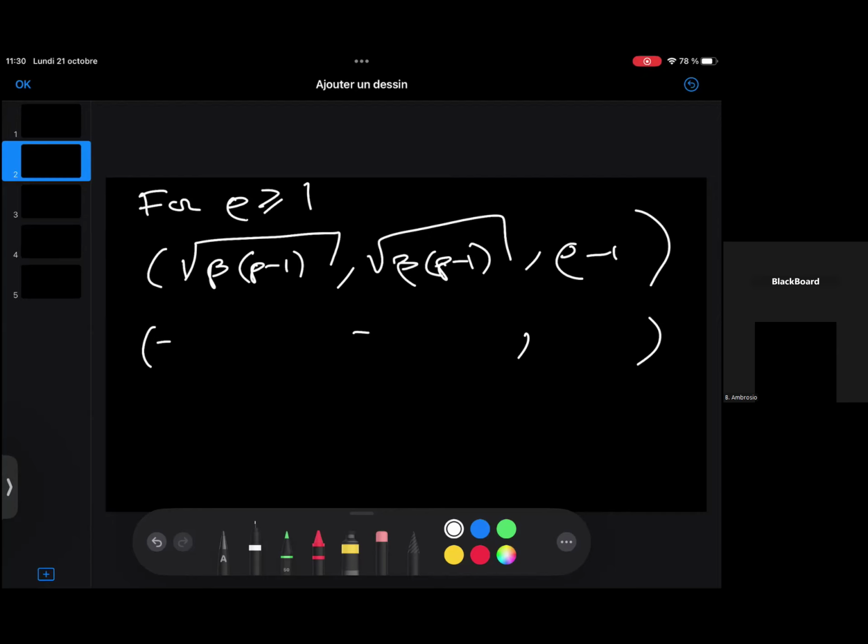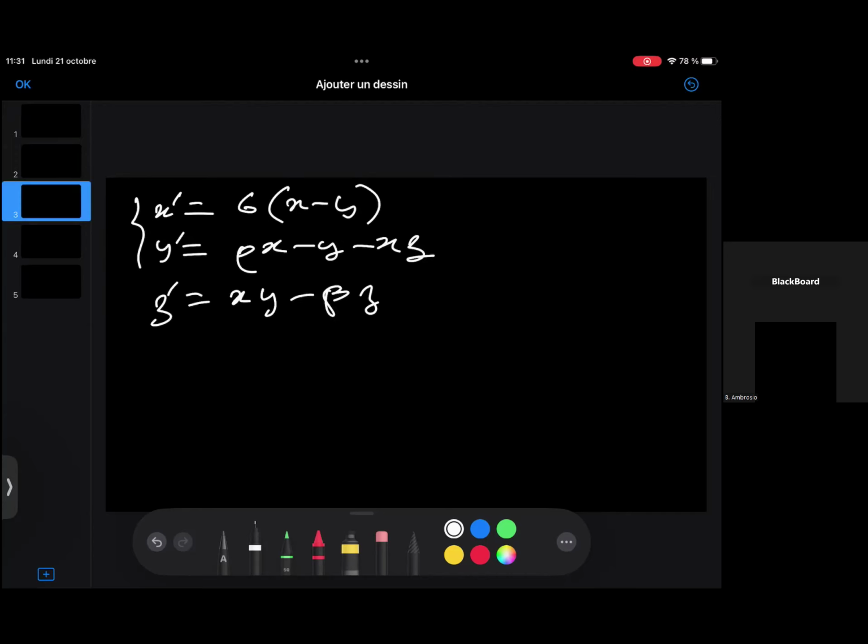All right, so now we're trying to do a local stability analysis. So we are going to write the Jacobian matrix of these functions.